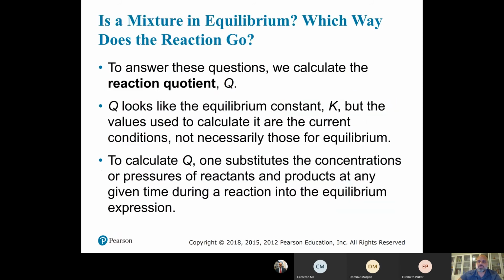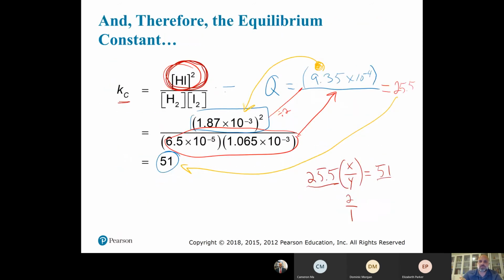If for some reason Q was equal to 102, then you'd have 102 times x over y is equal to 51. So obviously this would have to be a half.